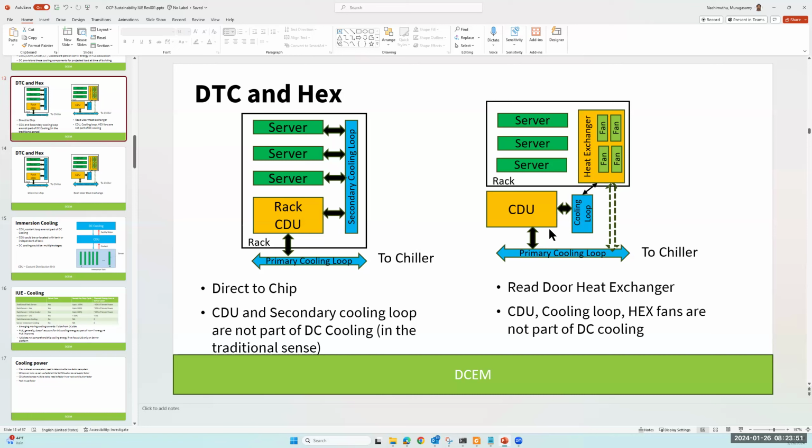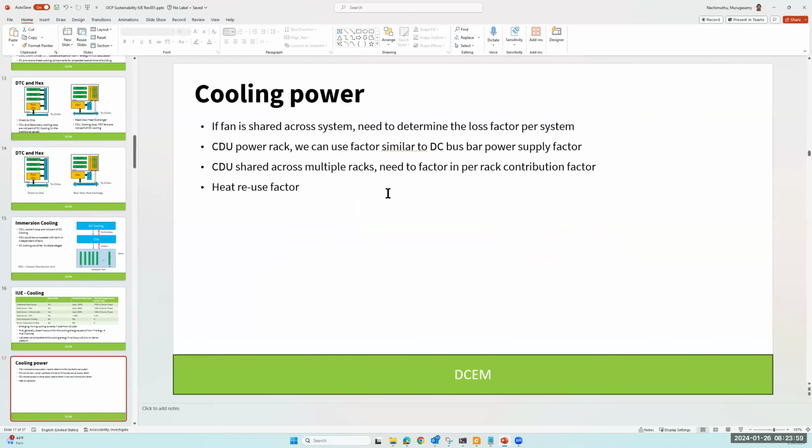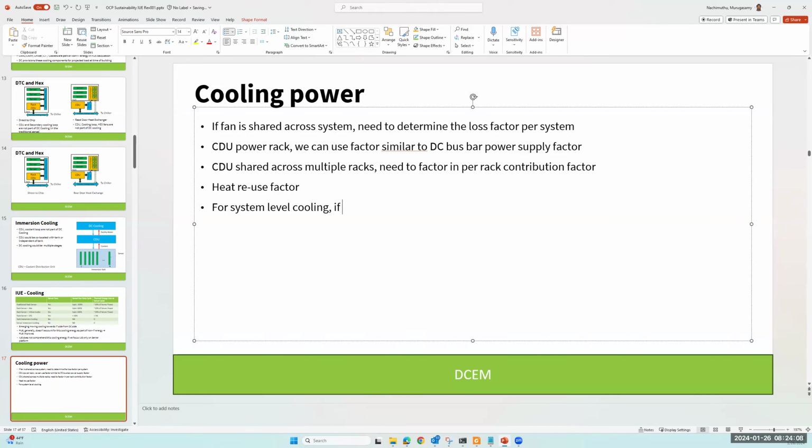We need to make sure that we are not double counting. Because when you calculate per rack, whether it is normal cooling or other specialized cooling methods, it will be rolled up, so we are not counting two times. Yeah, we need to ensure that.